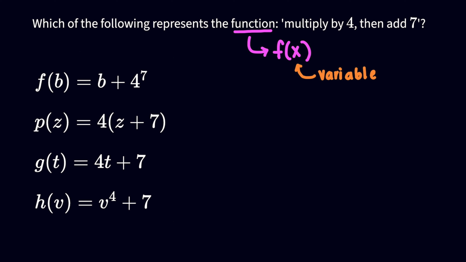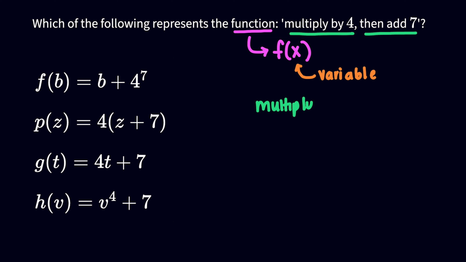Now, all we want to do is find out the function that represents multiply by 4, then add 7. Now, the question is, multiply what by 4, right? We want to multiply a number by 4, but we don't know what number that is. That's going to be the variable.